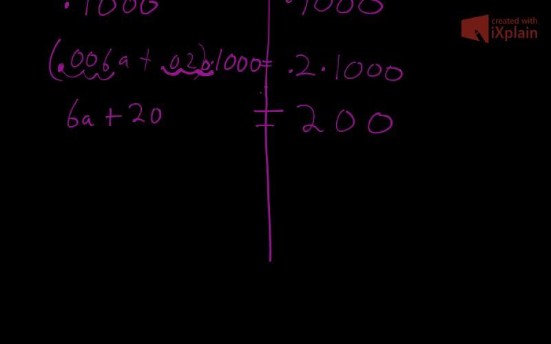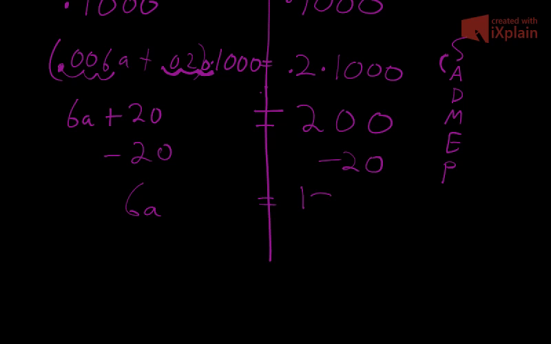So now all I need to do, I'm going to start by subtracting 20 from each side, because I want to do that reverse PEMDAS order, or SADMEP. I'm starting off with subtraction and addition, so I'm subtracting that 20. So I get 6a equals 180. Next up, I want to do my division and multiplication.